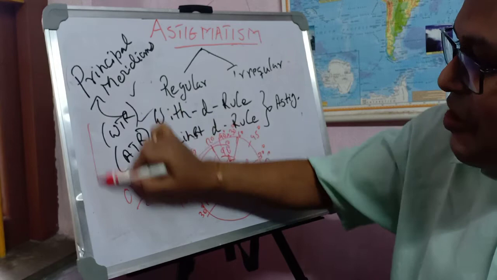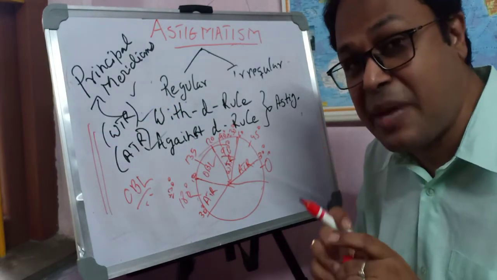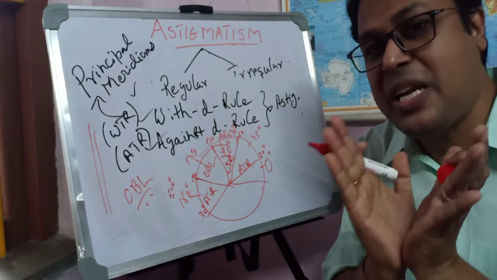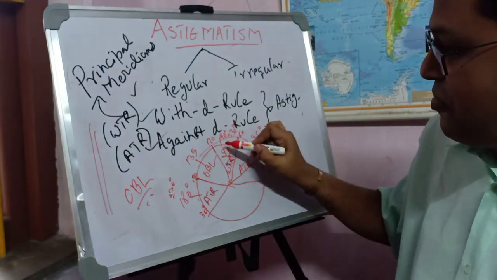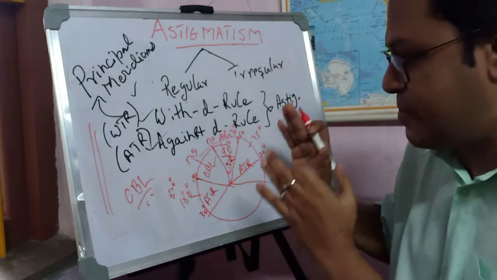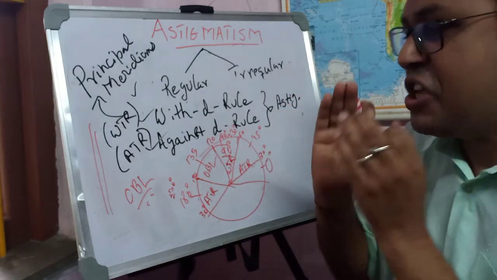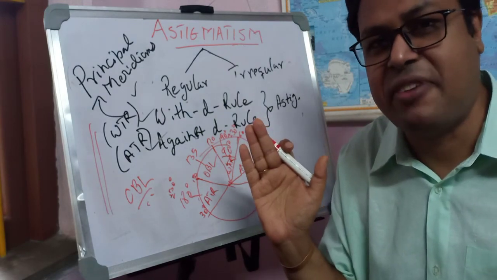Now, since these are all regular, what do we mean by regular astigmatism? We explained that before. Your steep and flat meridians are always 90 degrees away, whether it is with the rule, against the rule, or oblique astigmatism.